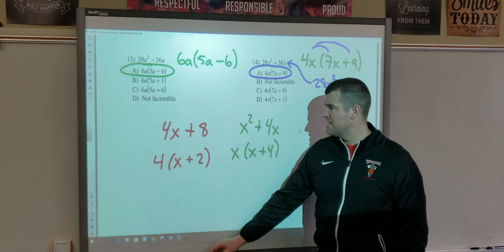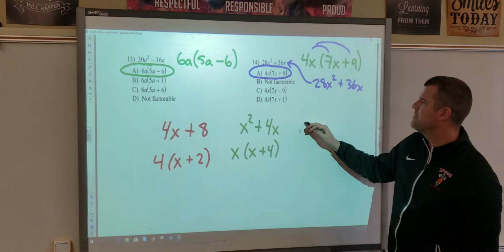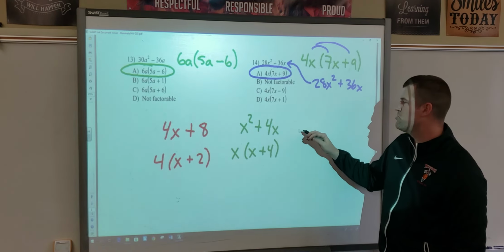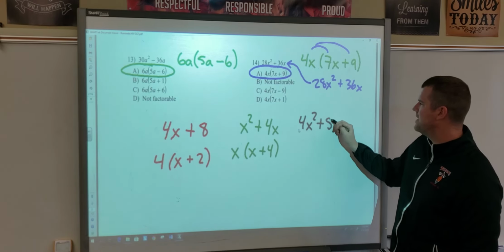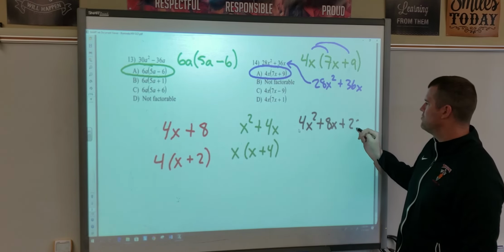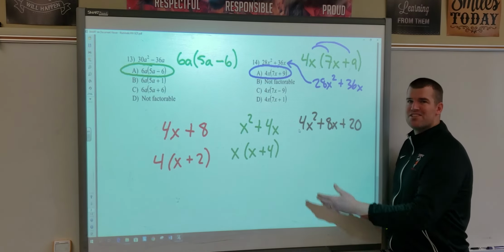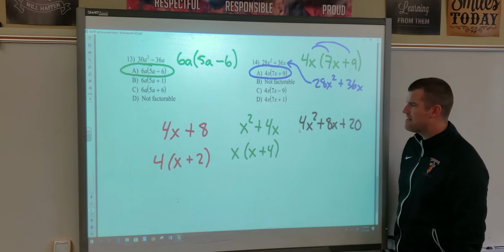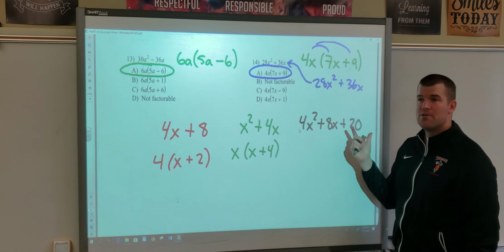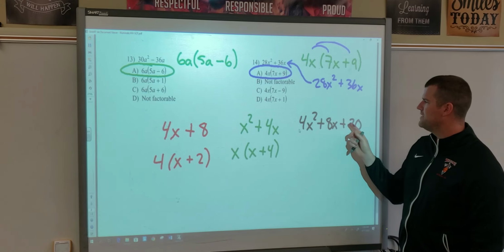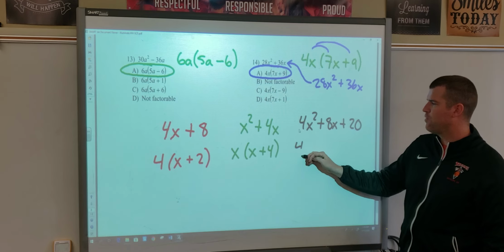And then one you're going to see a lot, so I'm going to throw it in here as well, is if you have a quadratic. Let's say it's 4x squared plus 8x plus 20. The fact that it has more terms doesn't change anything. It's still the same process. I have to find the greatest common factor that goes into every term. So for 4, 8, and 20, my biggest number that goes into all of those is 4.